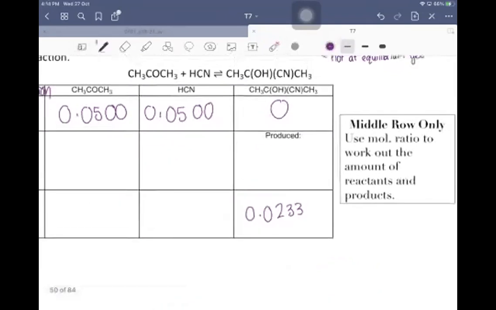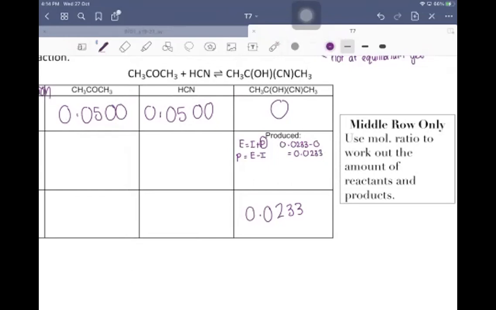In this case, at equilibrium, E equals I plus P. You want to find out P, so you rearrange. P should be equal to E minus I. And conveniently, your initial product is 0. That just means that the number you have at equilibrium is also the same number that was produced, because you started from 0, right?